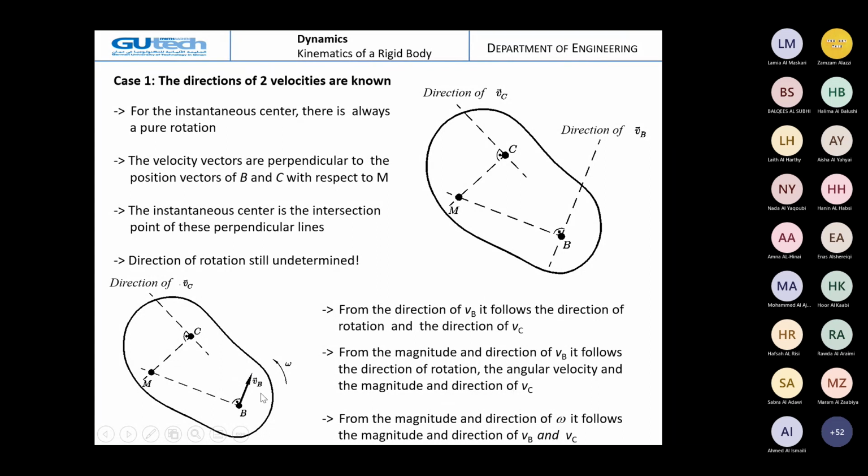That means we know the direction and the magnitude of Vb. Now, if we have this, we can determine the direction of omega.